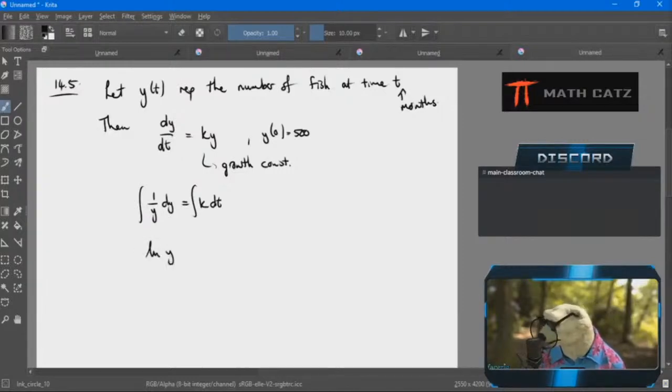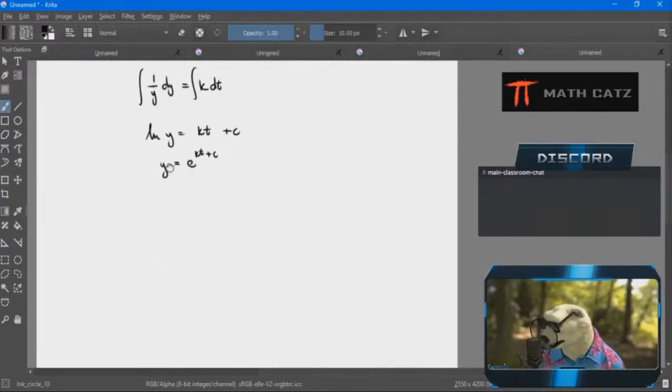I get natural log of y equals kt plus a constant, the integration constant. y is equal to e to the kt plus c. And this is always going to be the same. Sometimes I have k, sometimes I don't, sometimes I have initial population, sometimes I don't, who knows.